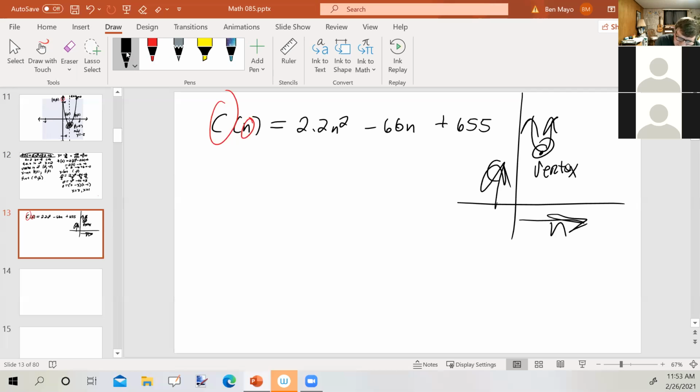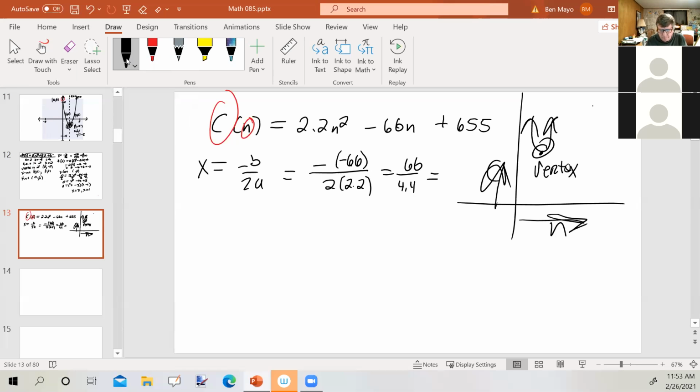I'm going to go back to just X and Y for the moment here. Let's see. X equals negative B over 2A, and that would be negative times negative 66 over 2 times 2.2, which would be 66 over 4.4. Okay, and 66 divided by 4.4 is 15. So the vertex is at 15 comma what, C of 15?